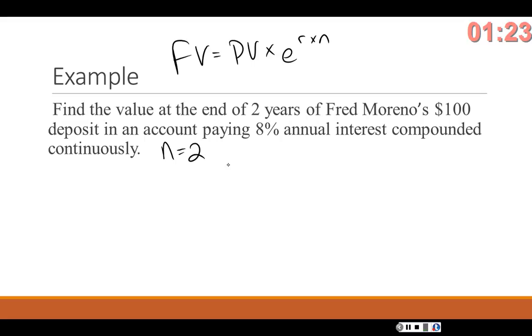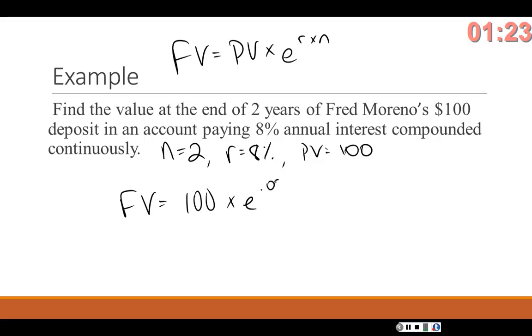There's no time value of money worksheet for this to work. So our interest rate would be 8%, and PV would be 100. So the future value would be $100 times the exponential function raised to 8%. Because we're not using our TVM solver, we have to put that in as 0.08 times 2.